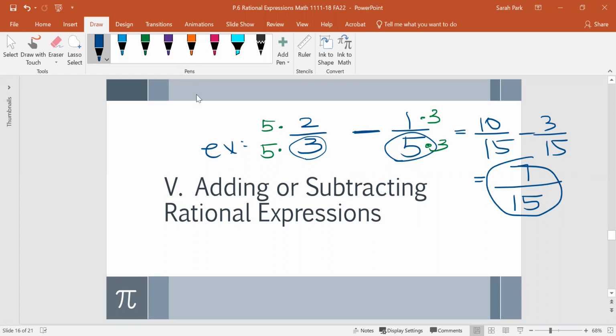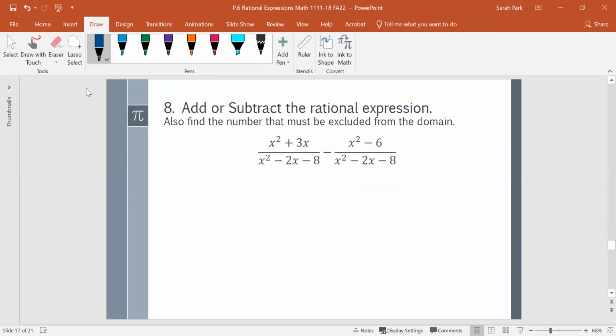And so that's the same idea here. When you are subtracting rational expressions that have different denominators, we have to make them the same. Here we have (x squared plus 3x) over (x squared minus 2x minus 8) minus (x squared minus 6) over (x squared minus 2x minus 8). These are the same, so we don't really have to worry about common denominators here, but we're subtracting.